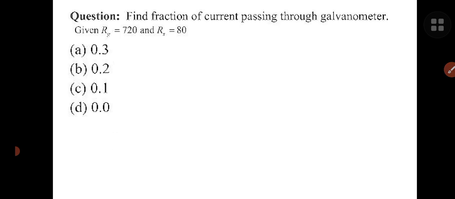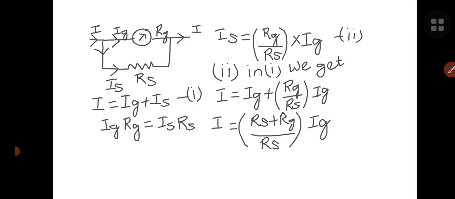Find the fraction of current passing through the galvanometer given Rg, that is the resistance of the galvanometer, is 720 ohms and Rs is 80 ohm. Rs is the shunt resistance, 80 ohm. Four options are 0.3, 0.2, 0.1 and 0. Let's see how to solve this problem.